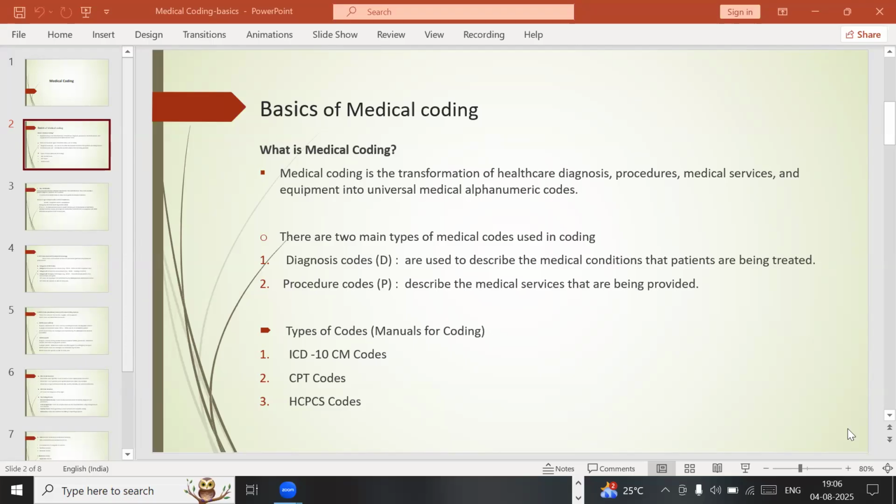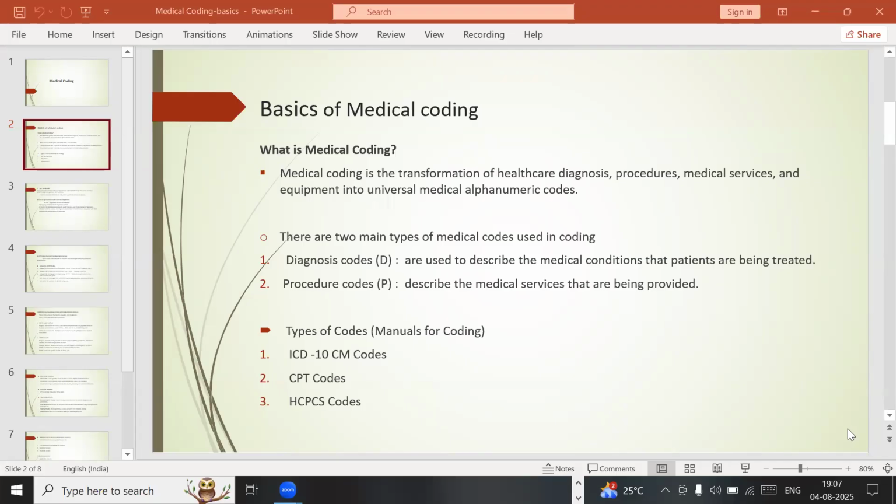So what is medical coding? Medical coding is the transformation of healthcare diagnoses, procedures, medical services, and equipment into universal medical alphanumeric codes. So they are transforming healthcare diagnoses, procedures, medical services, and equipment into universal medical alphanumeric codes.